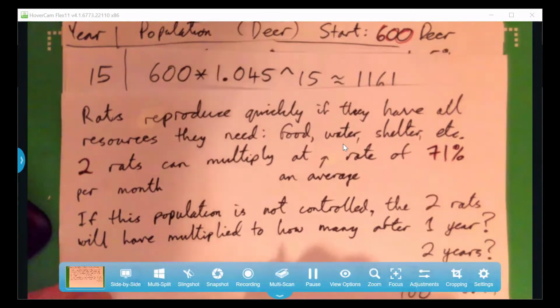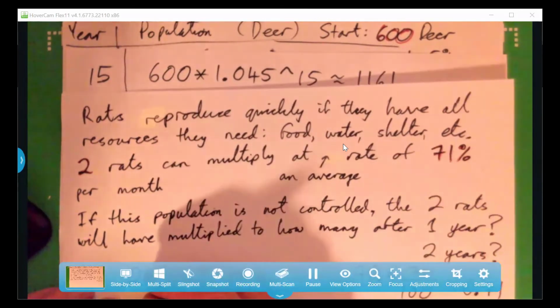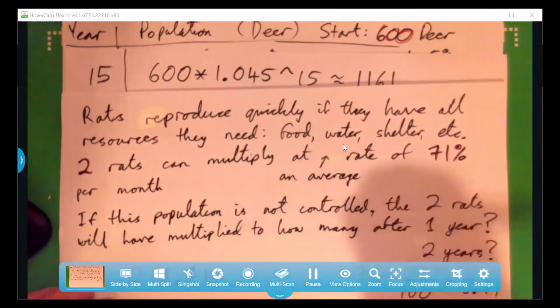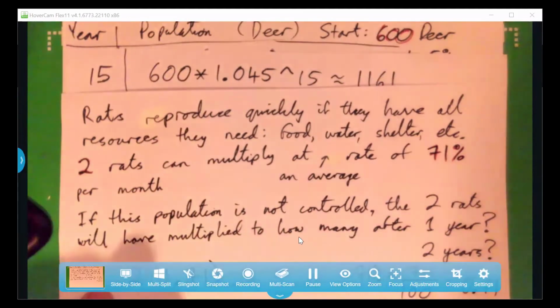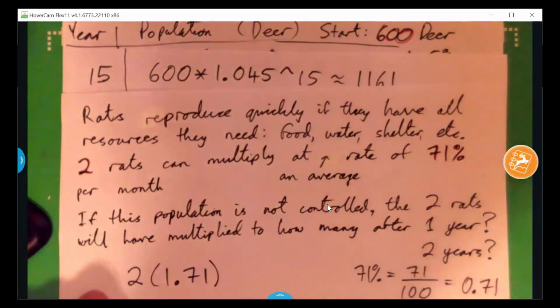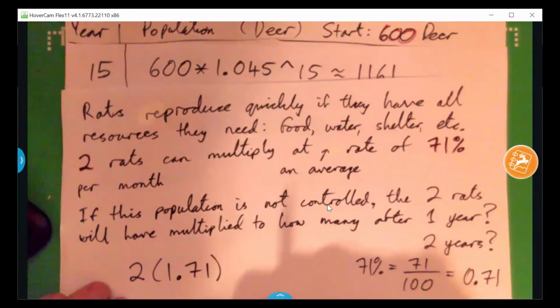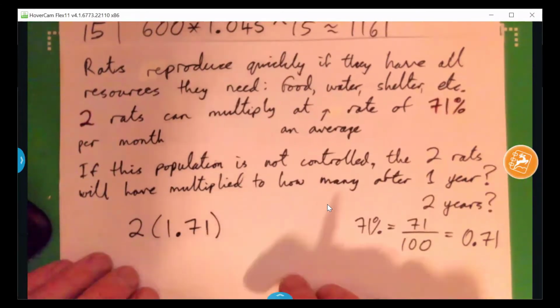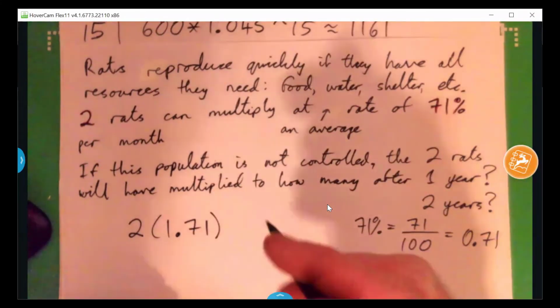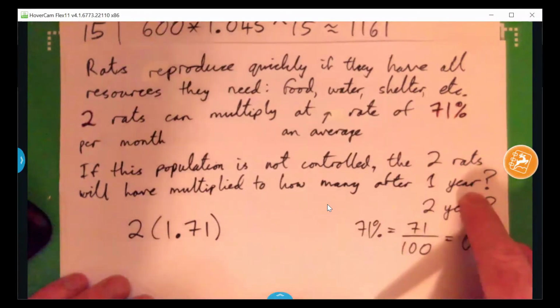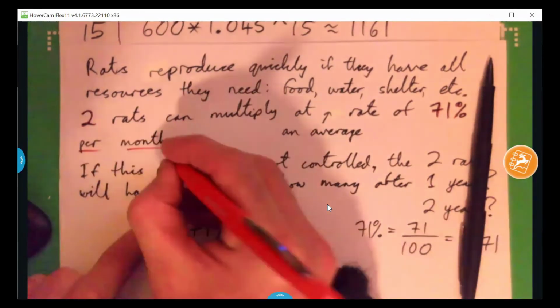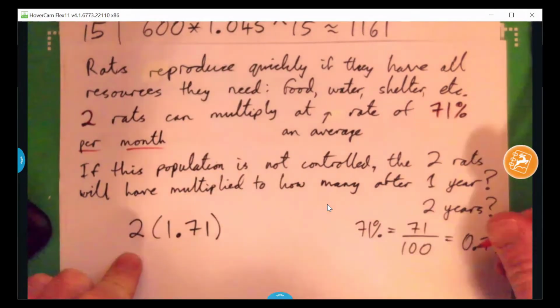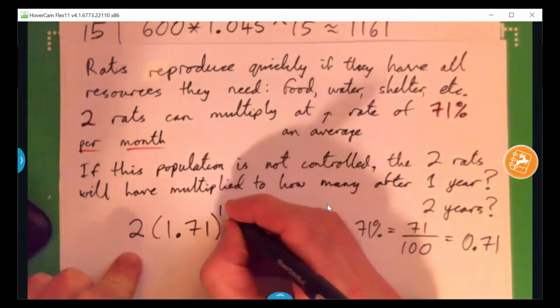So you go 2 times 1.71, because you don't just do 0.71, because you gotta keep the 2 rats that you began with, basically, and you keep what you've got the previous time. And remember, this is 71% per month. And 1 year is 12 months. So it needs to be to the power of 12.